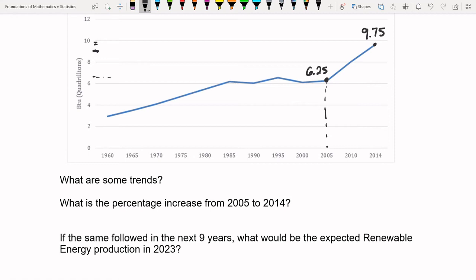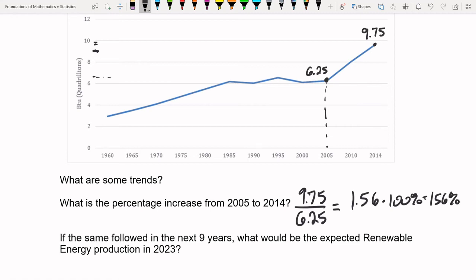But what's the percentage increase? Well, last time I told you we take 9.75 divided by the smaller number. That gives us 1.56. Write this as a percentage. We get 156%.